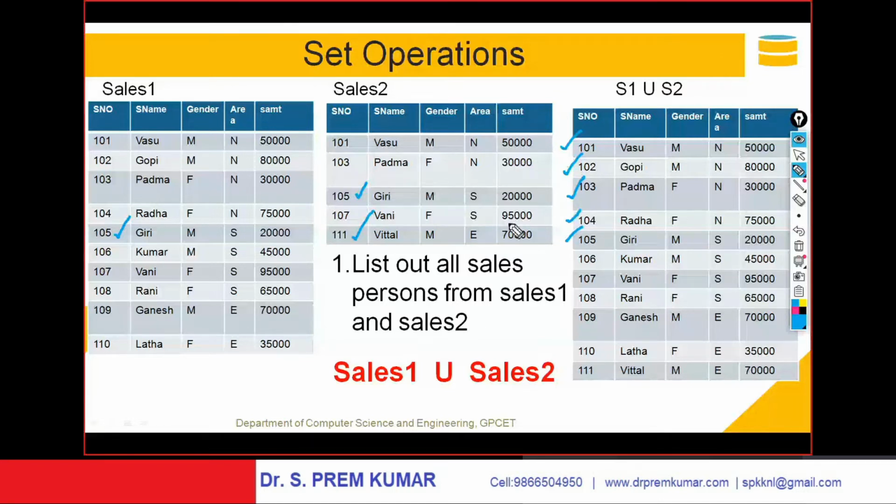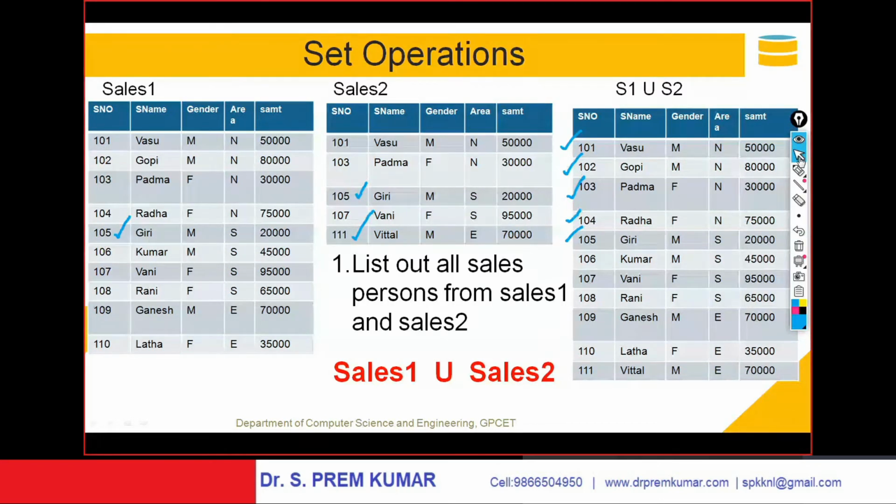So this is union. The question is, from sales 1 and sales 2, list out all salespersons. I am doing the union operation, the combination of S1 union S2. Dear students, you need to take a book and pen and scribble these queries.